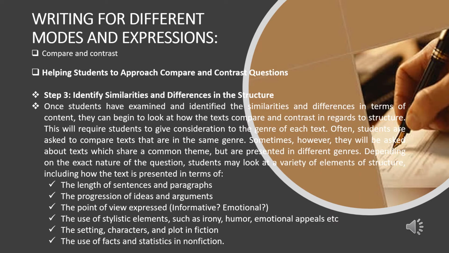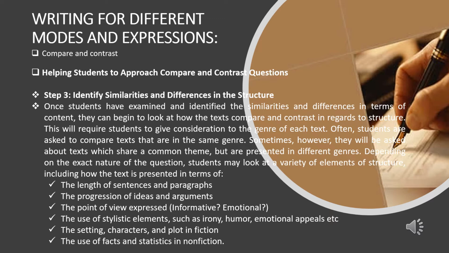Step 3. Identify similarities and differences in the structure. Once students have examined and identified the similarities and differences in terms of content, they can begin to look at how the texts compare and contrast in regards to structure.